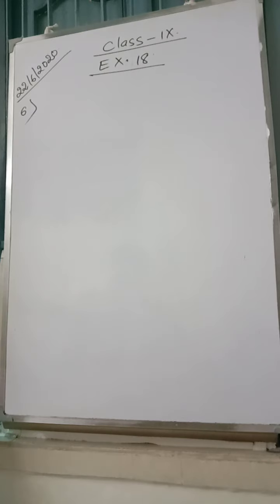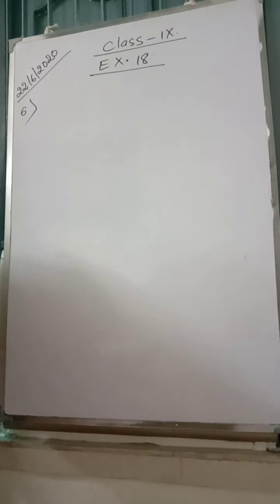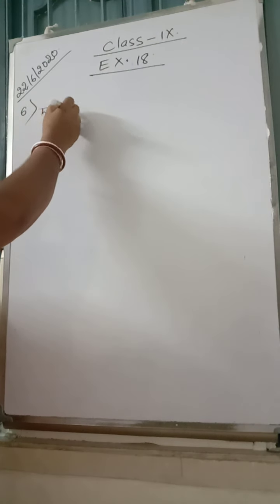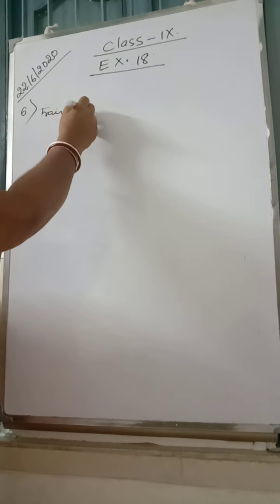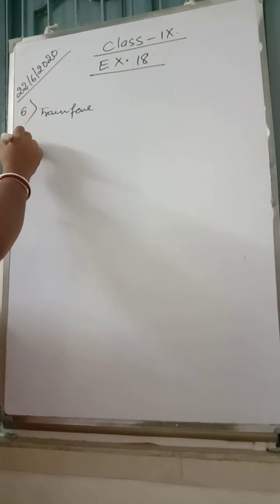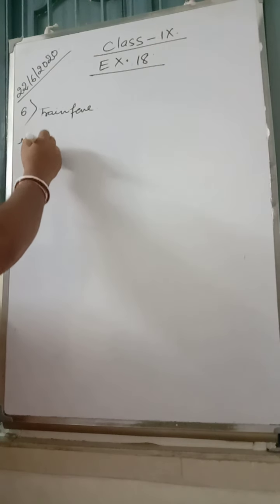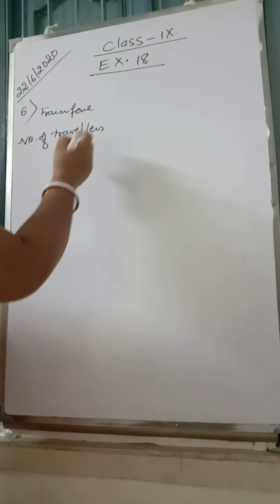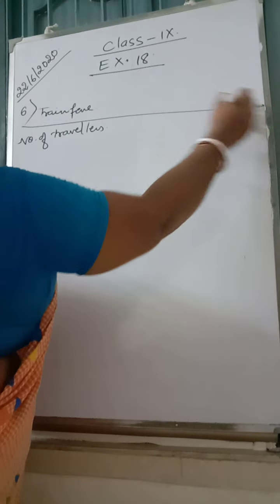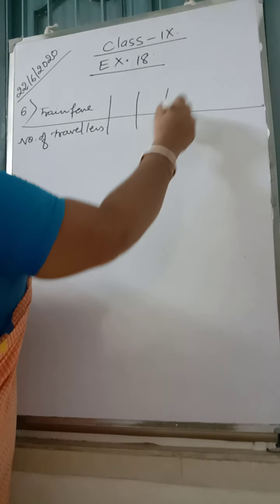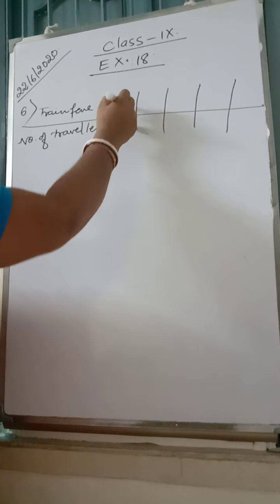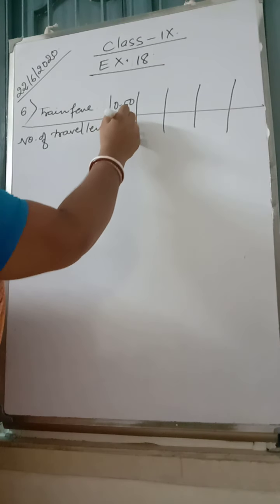You can see, we have to draw a histogram for the following frequency distribution. We have the train fare, and then the number of travelers. I am writing here; you should write it on the next page of your graph copy. Clear? First is 0 to 50, we have 25.